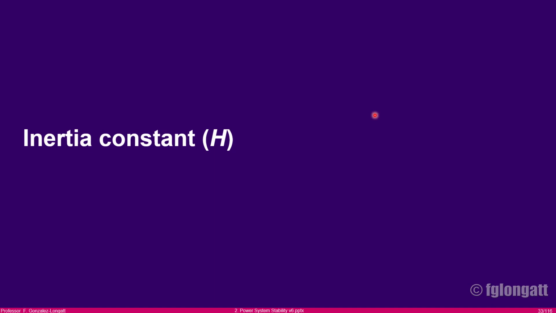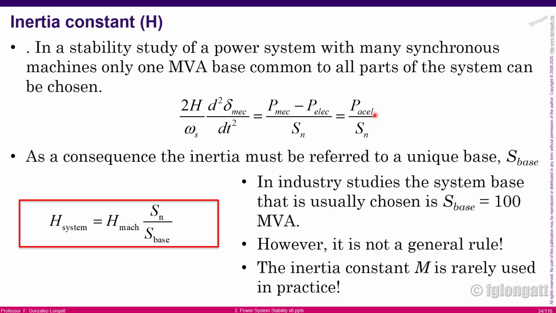And for sure, 100% sure, the inertia constant has a very important effect on the electromechanical oscillations of the synchronous machine. It's clear, because it's amplifying or reducing the acceleration of the synchronous machine.